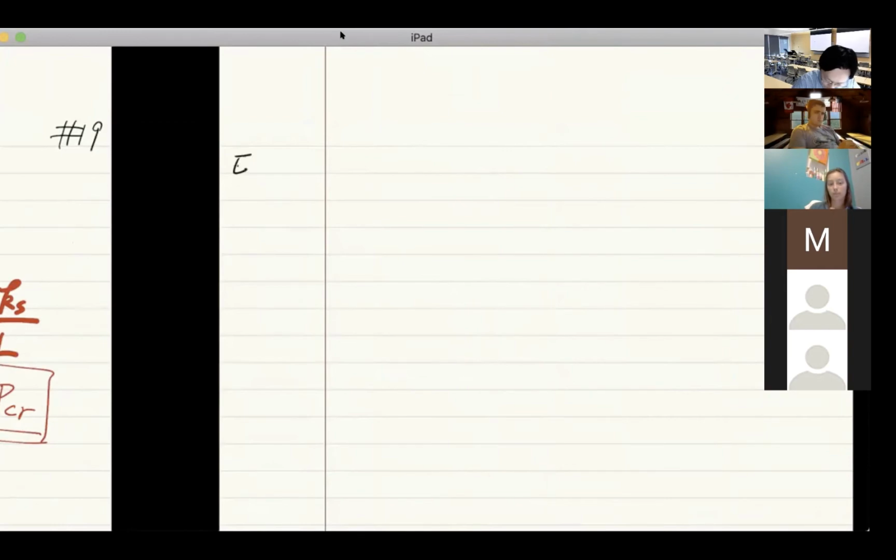So now in example 7, we're going to study the buckling of an eccentrically loaded column. So what does that mean? That means there's a column, looks like this.